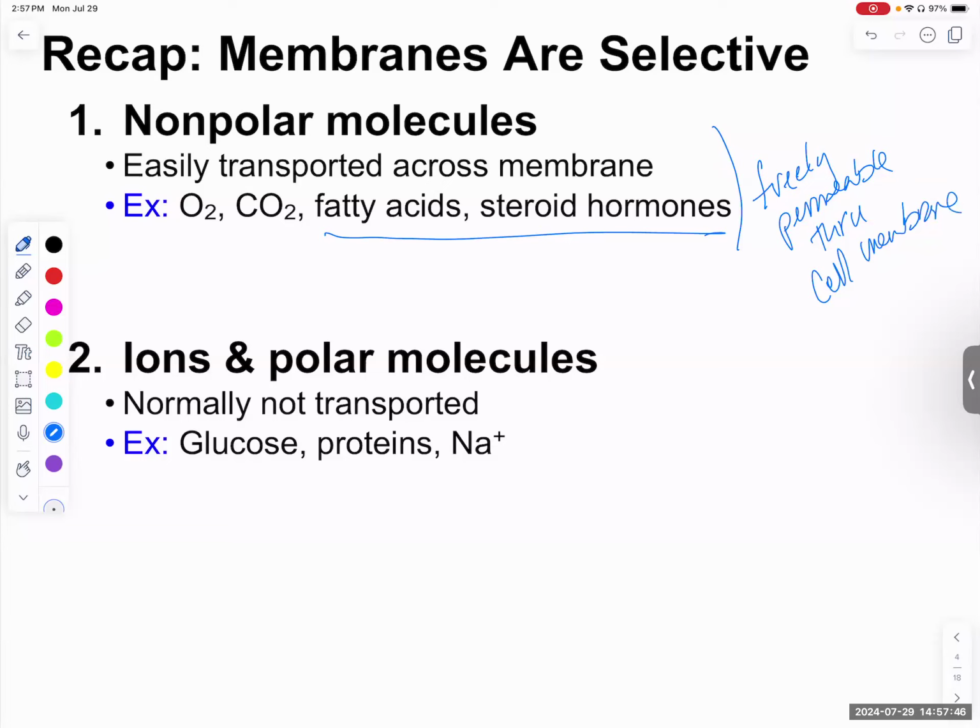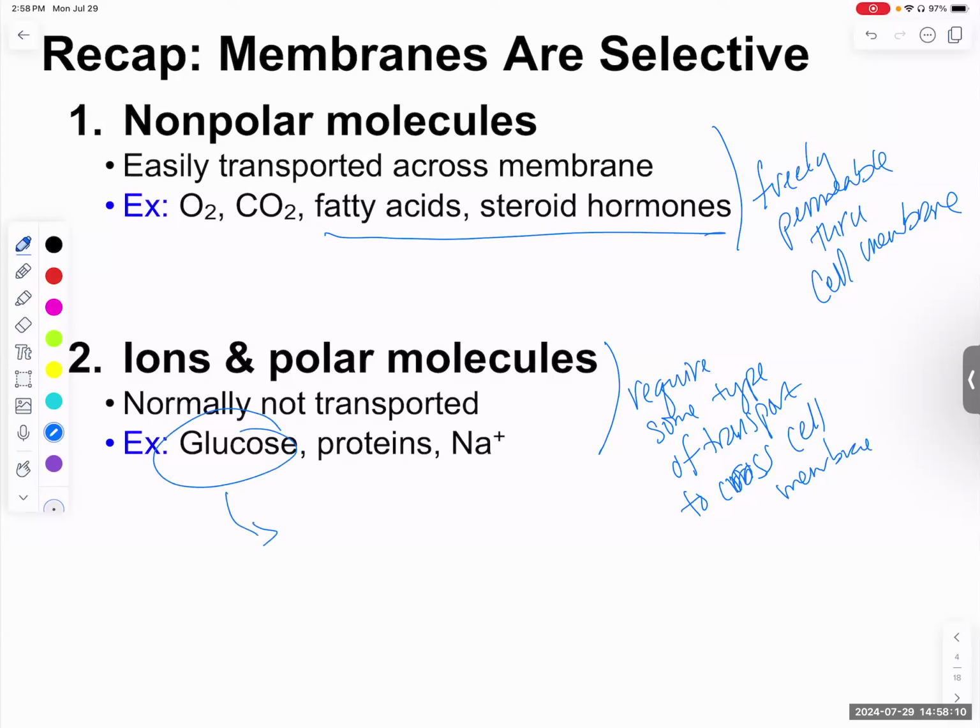But ions and polar molecules require some type of transport to cross the cell membrane. And we talked about, like, glucose. Glucose requires a GLUT4 protein channel to be embedded in the membrane.